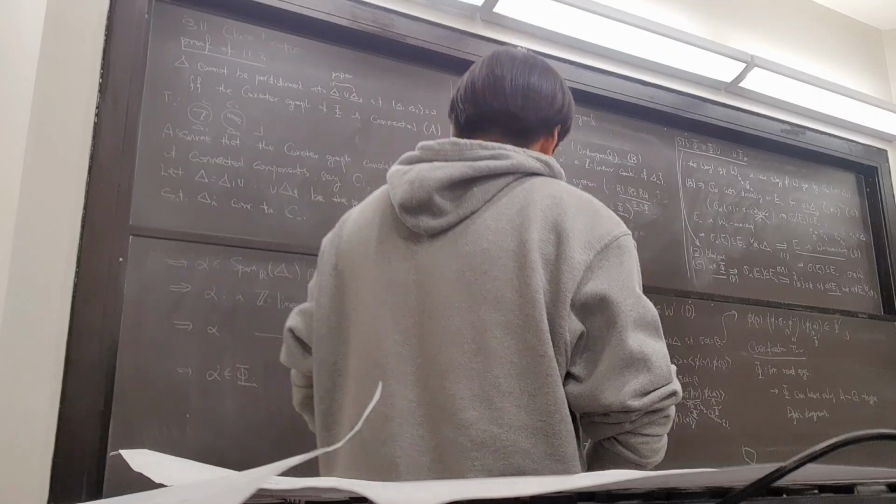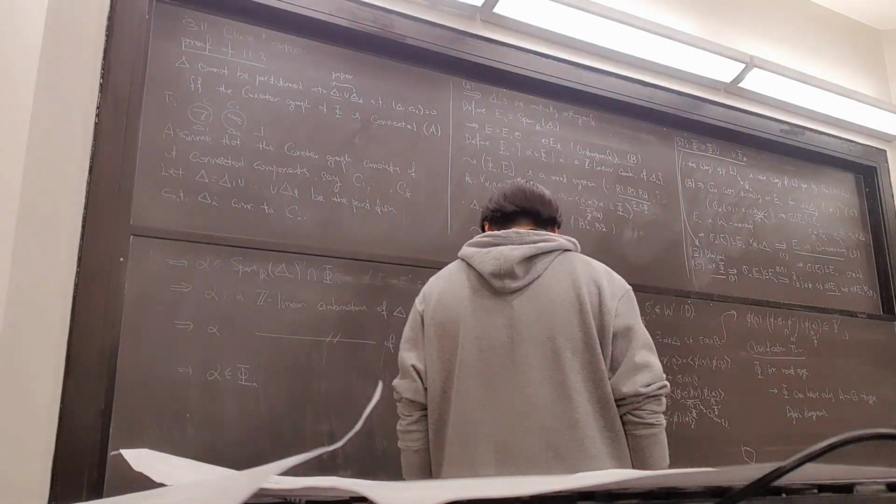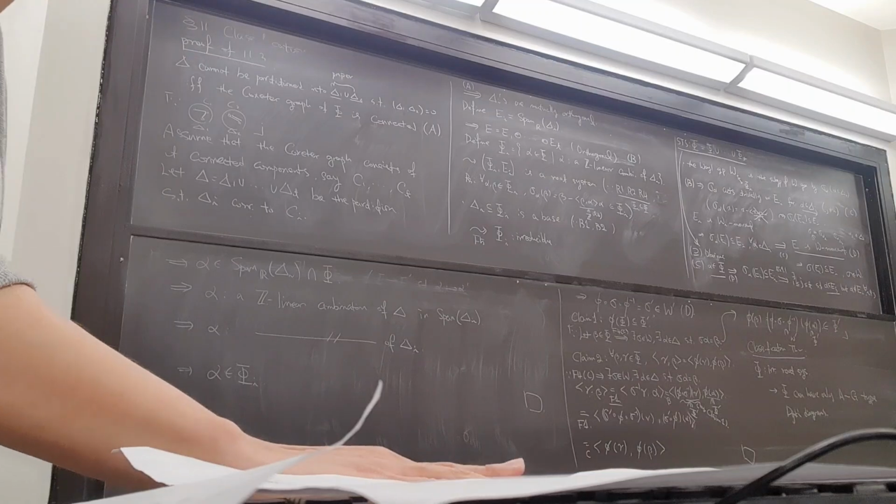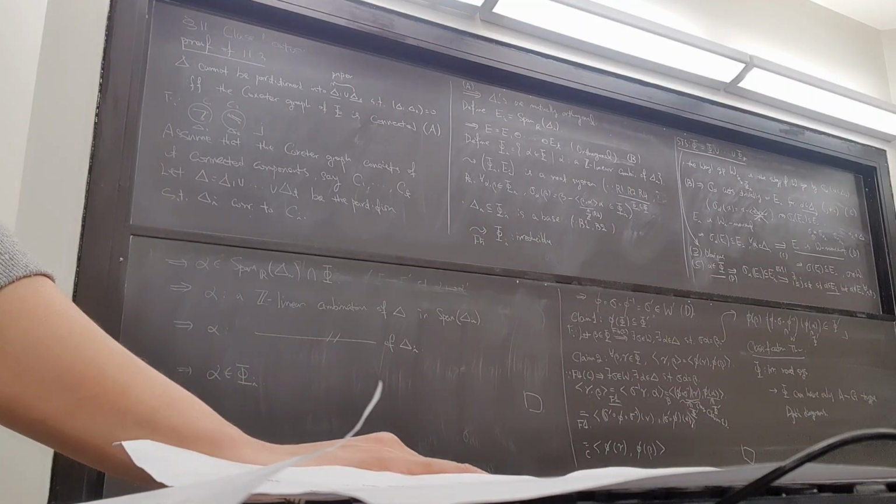So what we'll do is classify the root systems, and then at least check in the classical cases that for each of those root systems we have a semi-simple Lie algebra which gives rise to this root system.